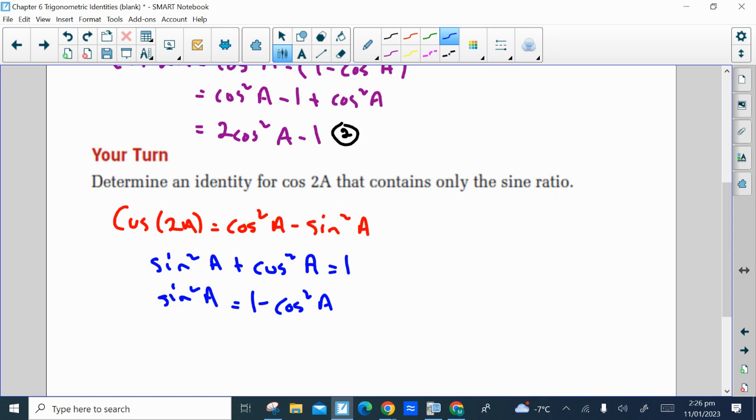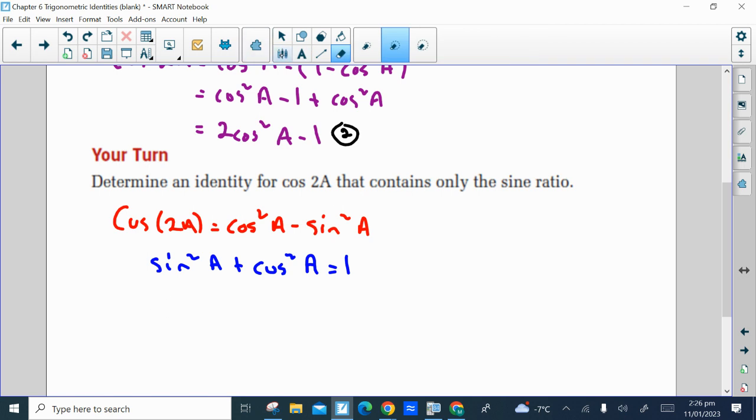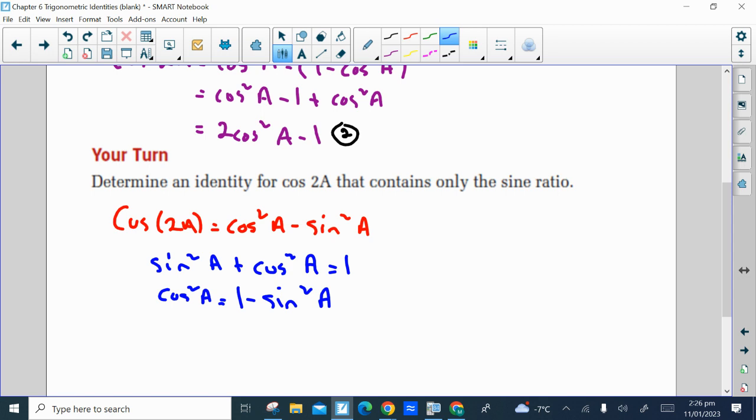Sorry, I did that backwards. I want to get cos squared A by itself, by subtracting sine squared A from both sides. And now this expression that represents cos squared A will go up there.